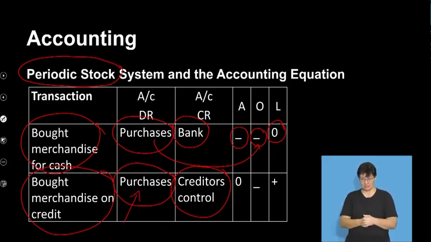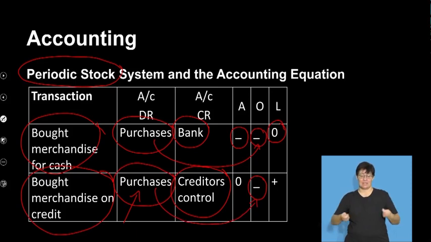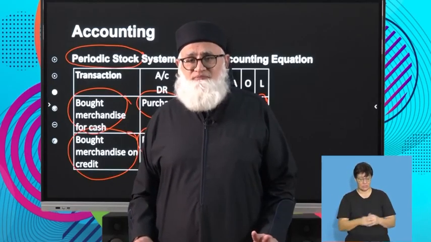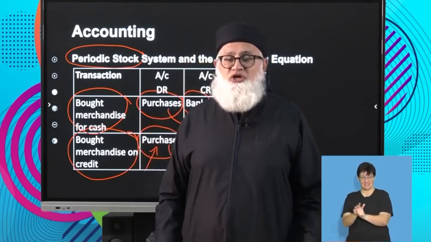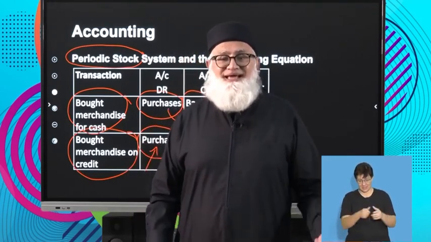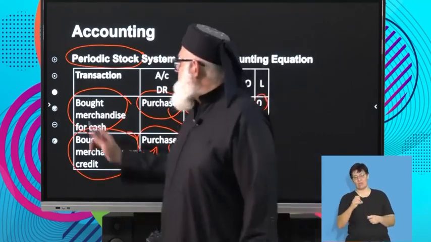The effect on the accounting equation will be owner's equity minus. Why? Purchases is regarded as an expense, and your liabilities increase because you are owing more money to your suppliers. So here you've seen two transactions and how they impact the accounting equation, the account debit and the account credit. Let's continue.